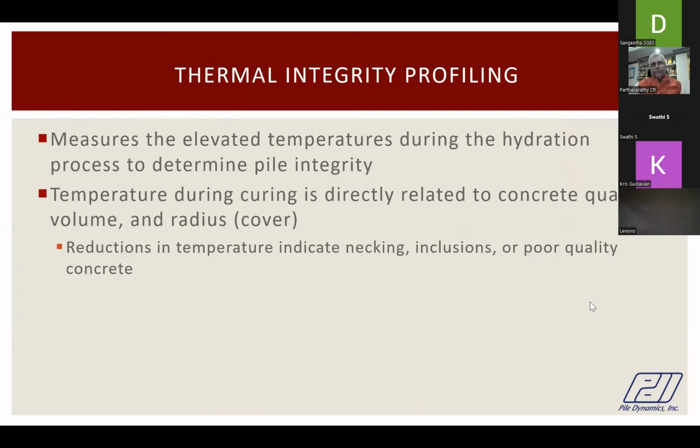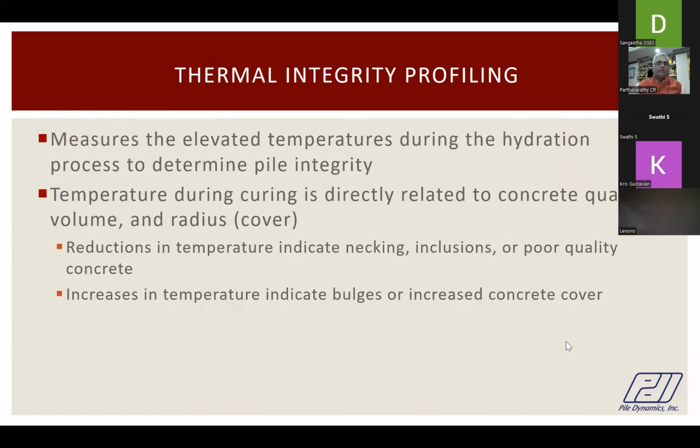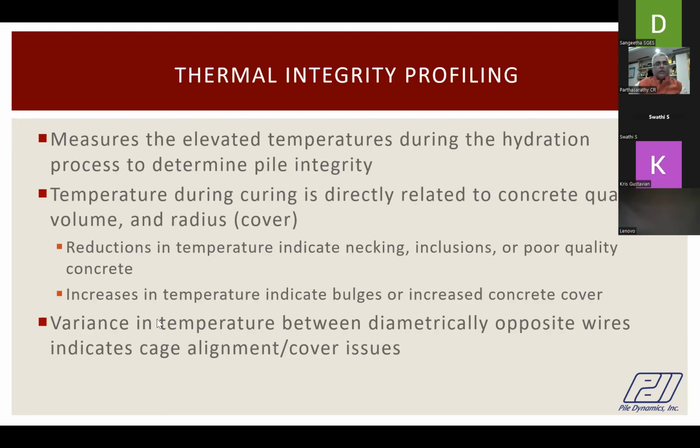The reduction in temperature indicates necking or inclusions of poor quality concrete, while the increase in temperature indicates a bulge or increase in the impedance or increased concrete cover. Variance in temperature between diametrically opposite wires indicates cage alignment or cover issues.